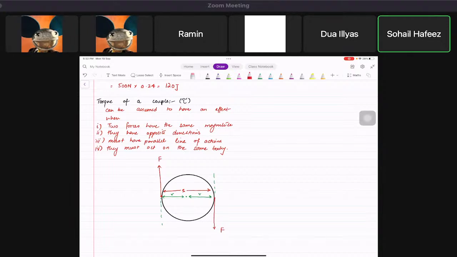Okay. All right. So basically, moment that we have studied in O levels is force times the perpendicular distance, which is r, right? And now there are two forces. So basically, torque of a couple would be.